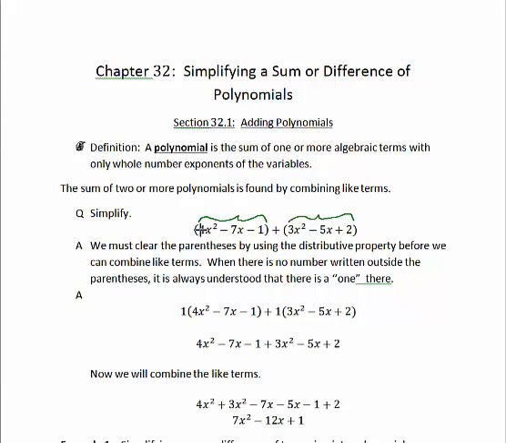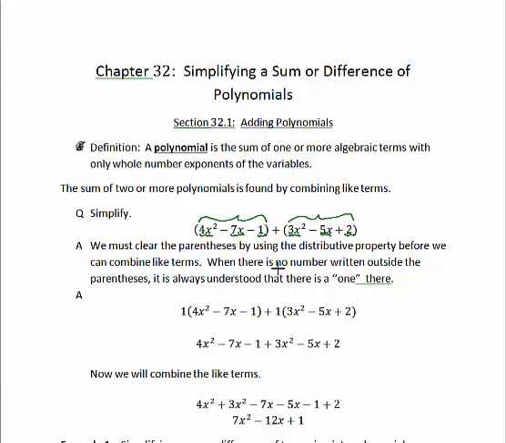In the first set of parentheses we have a polynomial with three terms being added. A constant can be considered its own term. In the second set of parentheses we have three more terms.